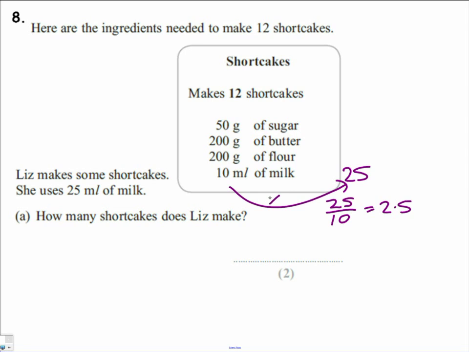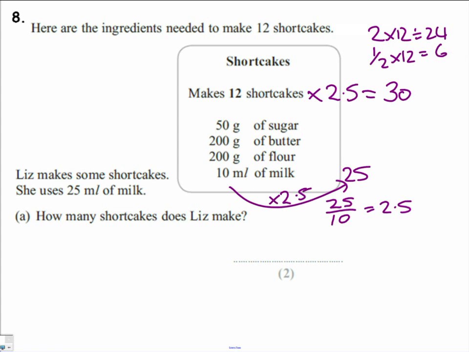So the factor that I've multiplied the milk by is 2.5. This means all I need to do for my shortcakes is multiply it by that same factor. It's a ratio. So 12 times 2.5 is 30. Because 2 times 12 is 24, and a half of 12 is 6.